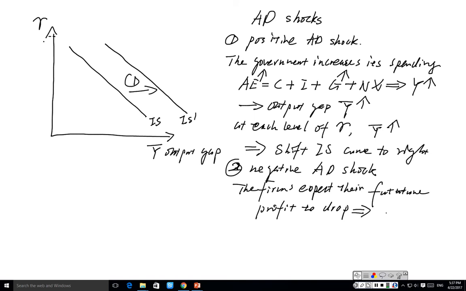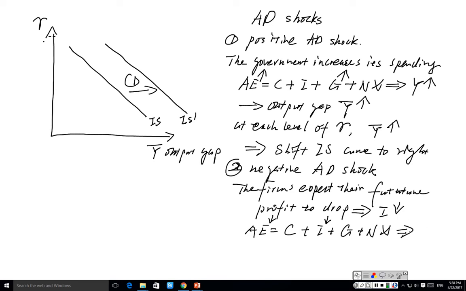Firms in this case probably will cut down their investment on the equipment, machines, buildings. So I goes down, using the aggregate expenditure function. With a lower level of I, other things remaining the same, aggregate expenditure goes down.